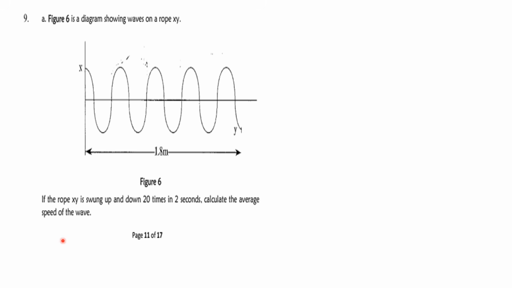So what information can we extract from the diagram? From the statement, we can extract that the rope is swung up and down 20 times in 2 seconds. This can help us to find the frequency. Remember, frequency is the number of oscillations, in this case the number of swings, divided by time.